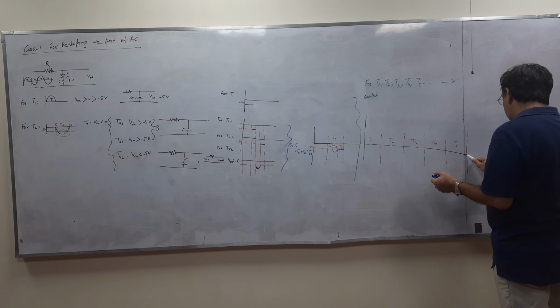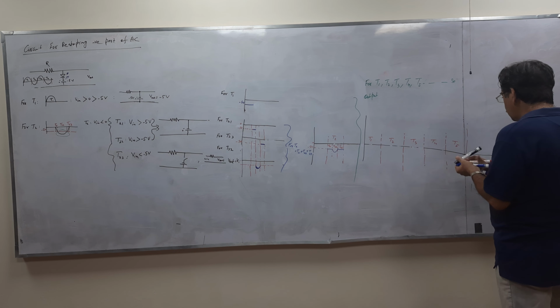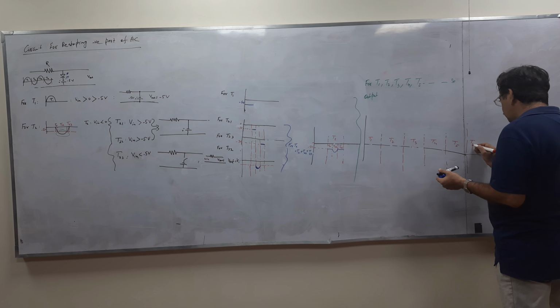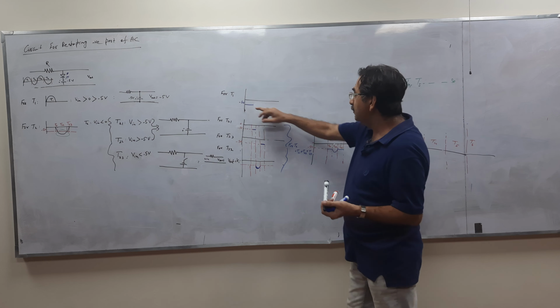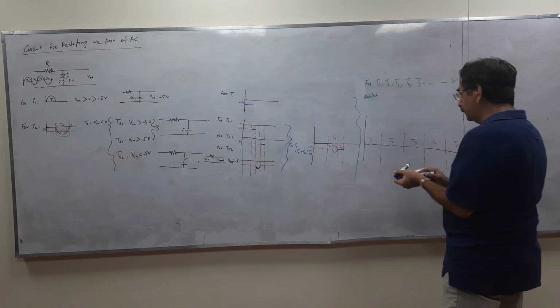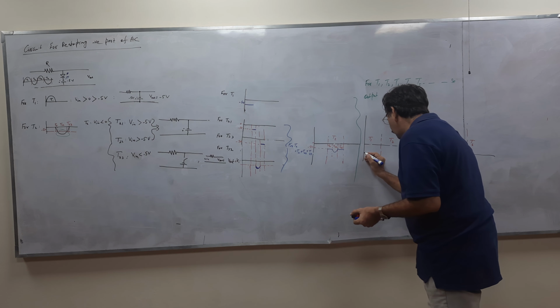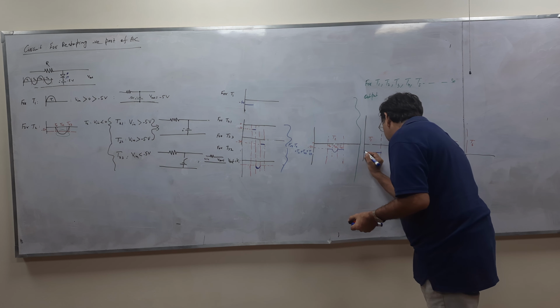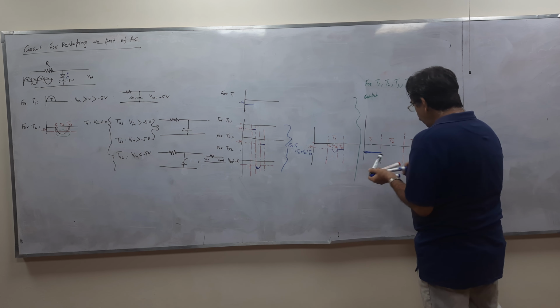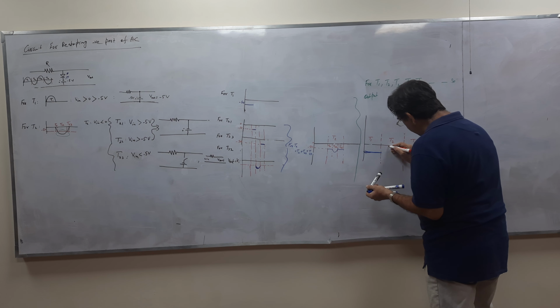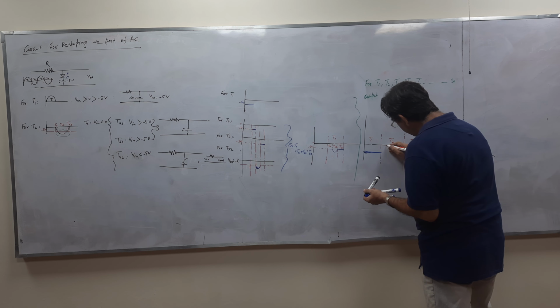You may say that this is T6. So for T1 this is minus 5 volt, so the output wave will be this constant minus 5 volt. Okay, T2 will be divided further into 3 parts.